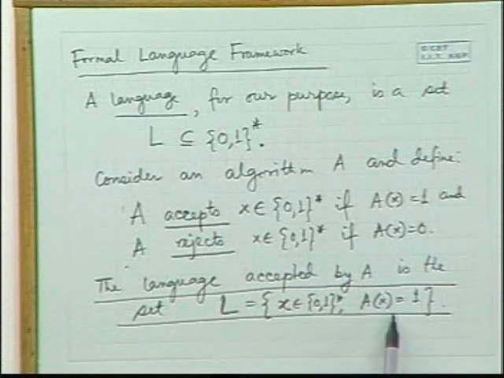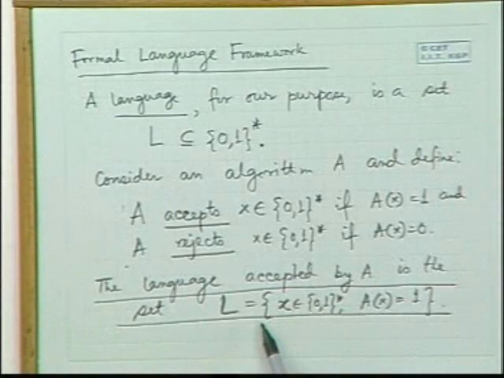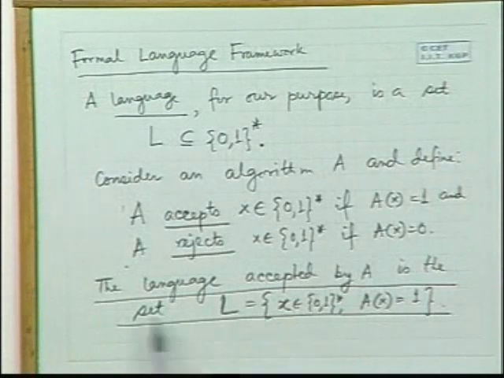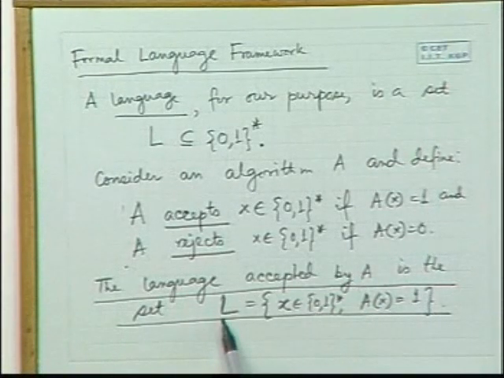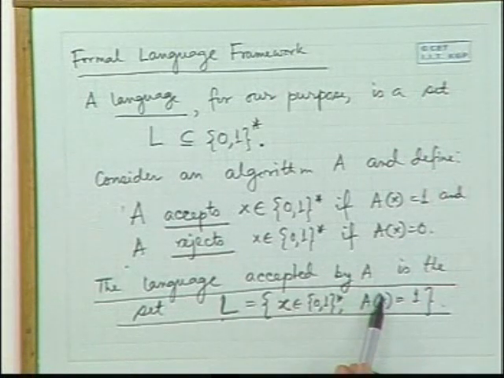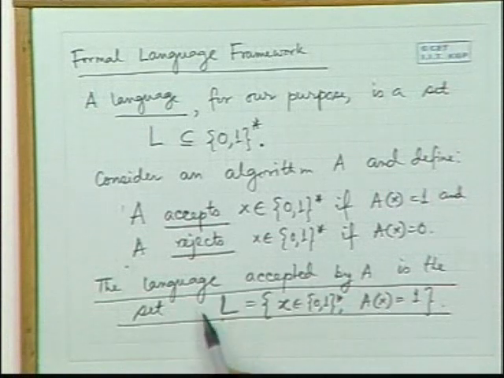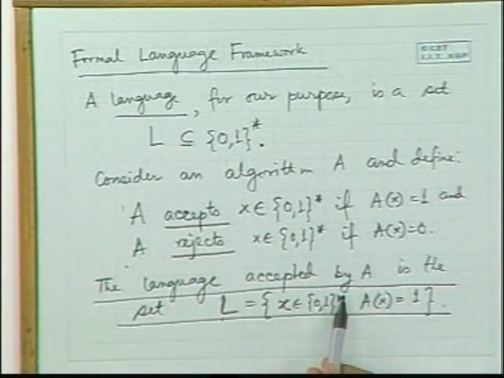But it is not saying anything about what it will do when x does not belong to the language. We are taking only those strings for which A gives 1 and constituting the language L. We say L is accepted by A, but in this definition we are not saying anything about what will happen if A is given a string x which is out of L.